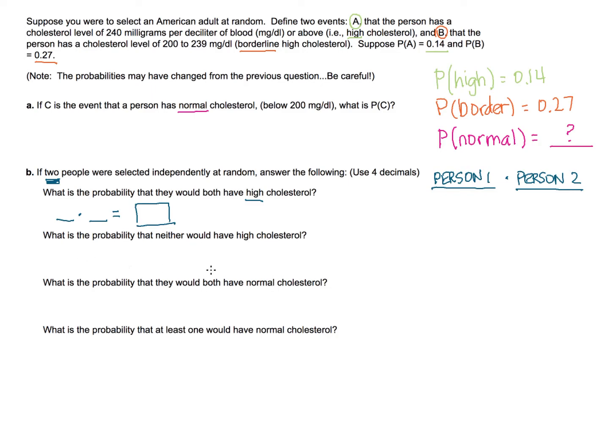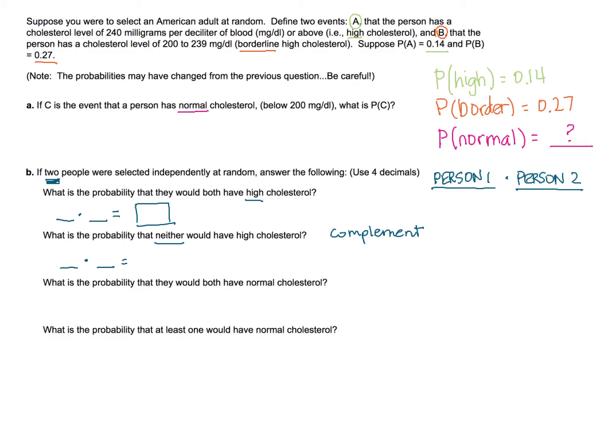The probability that neither would have high cholesterol. And so neither is a clue that we are looking at a complement. So if we have person 1 and person 2, and each of these people don't have high cholesterol, they must have what? They must have anything other than high.